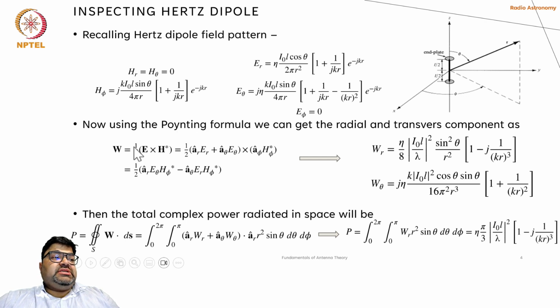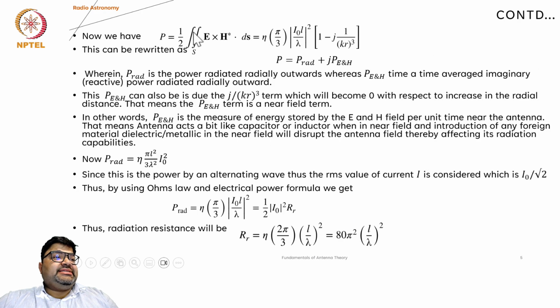Then we compute the Poynting vector. From there we compute the total radiated power, and finally we end up with this expression of power in terms of both real and imaginary components. We investigate the imaginary component and see it is 1 over R cube, so in the far field this component almost goes to 0.